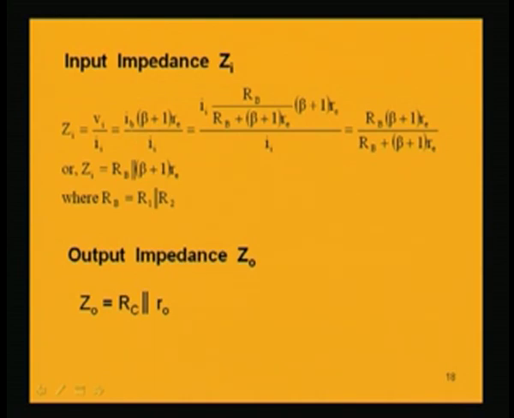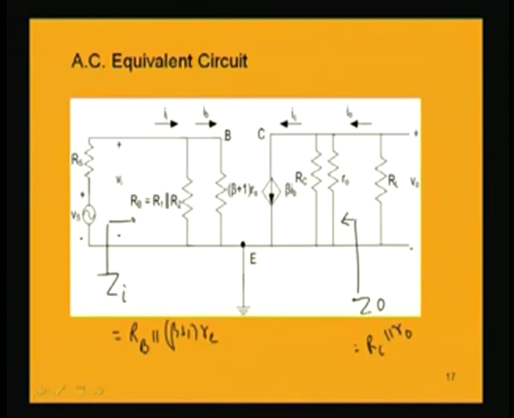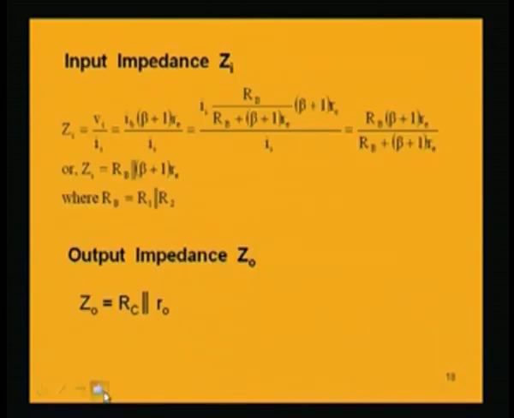In terms of Ii, it is that part of the current which flows through the resistance beta plus 1 RE, that is Ib equal to Ii into Rb by Rb plus beta plus 1 RE. Now these two cancel, so I am left with Rb into beta plus 1 RE by Rb plus beta plus 1 RE.